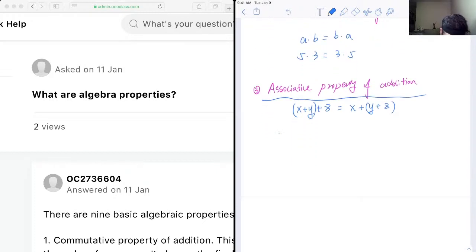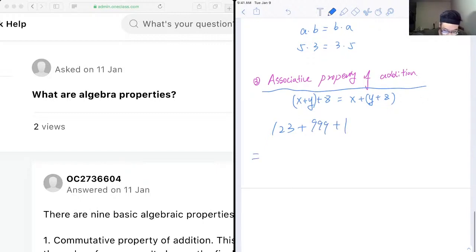If we have 123 plus 999 plus 1, if it follows a regular order, we need to group the first two, which is somehow hard to calculate or wastes time. By knowing the associative property of addition, we can group the last two terms first.